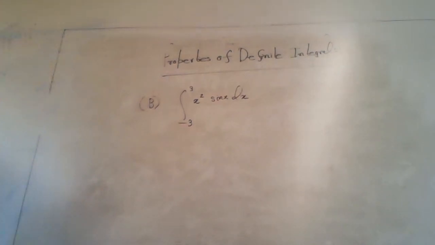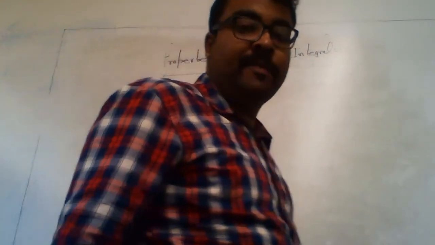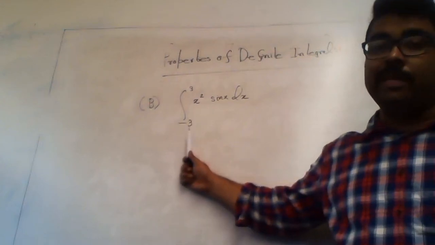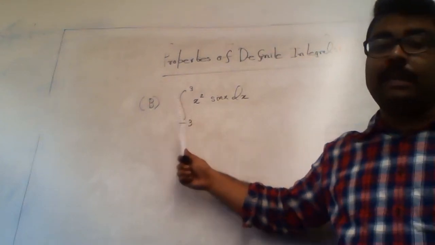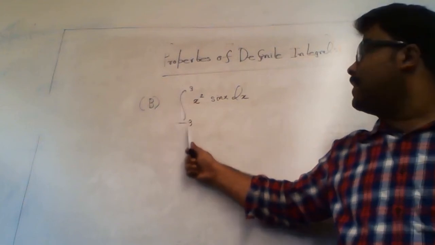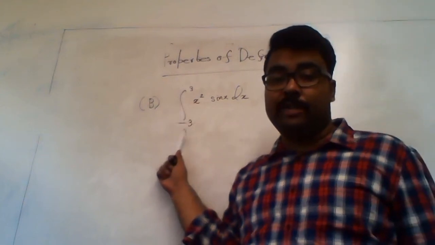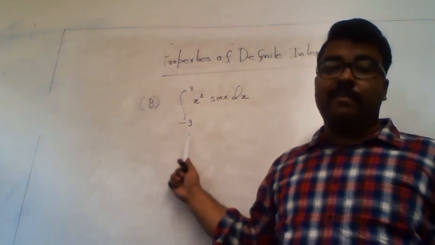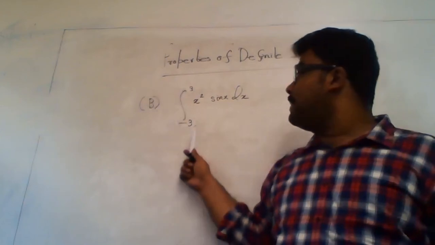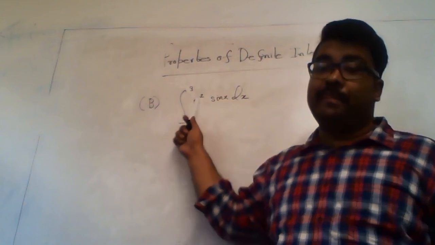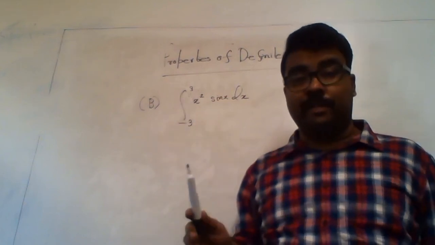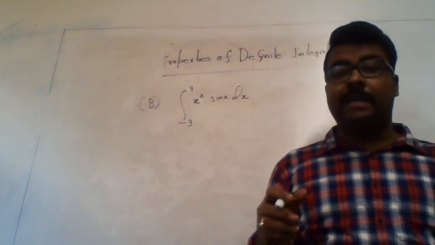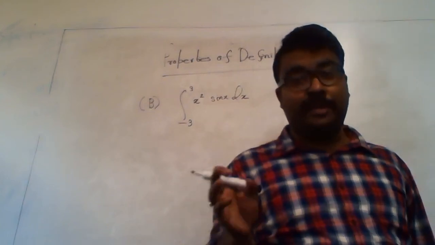As I told you in my last lecture, whenever you are given an integral in which the lower limit and the upper limit are just negative of one another, you see that here the lower limit is -3 and the upper limit is 3, you'll understand that you need to apply property 2 in the properties of definite integral in the notes.